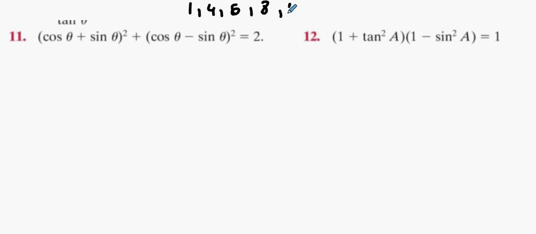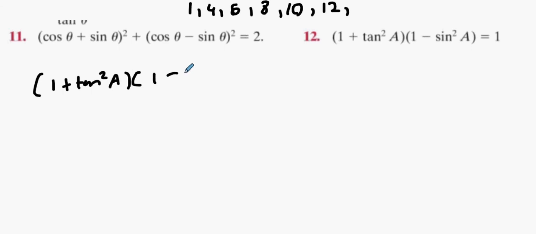10. I suppose the harder one here is 12. So in question 12, you're going to have 1 plus... pause it and have a go at this stage. Now, once again, I see 1 plus tan squared a somewhere before.